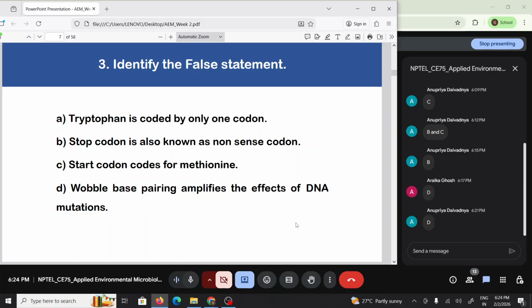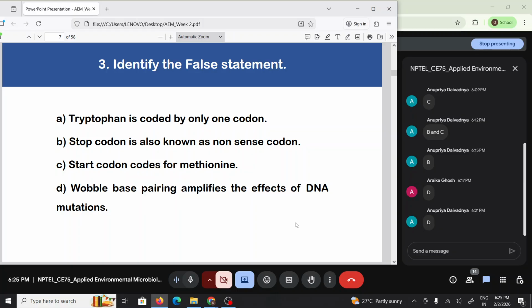So tryptophan is coded by only one codon, and it is UGG. For other amino acids, you can see that there can be more than one codon coding for the same amino acid. So the first statement is true. And then the stop codon is also known as the nonsense codon.